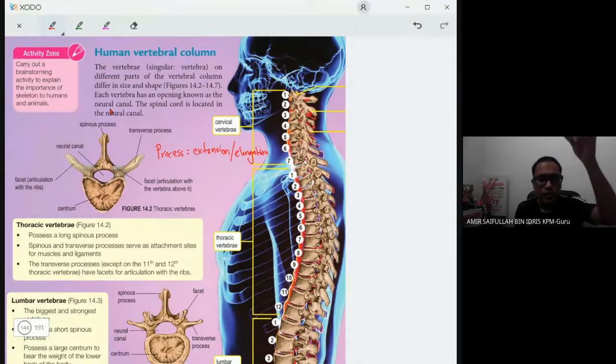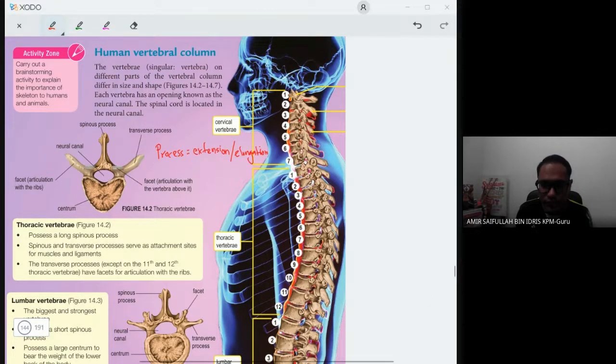So kamu belajar in the previous chapter your spinal cord. So your spinal cord actually is found in the neural canal. Along the vertebral column there's a spinal cord. So spinal cord tu duduk dalam neural canal lah. So far okay guys? Before we go to this, I show a diagram first.